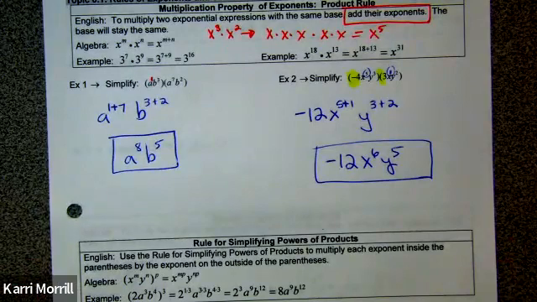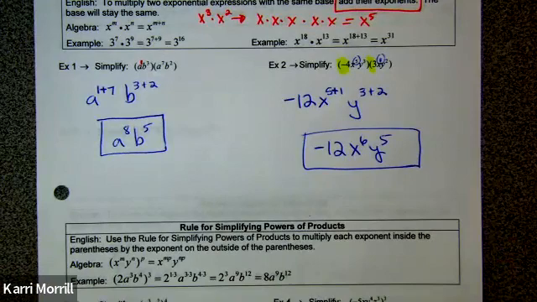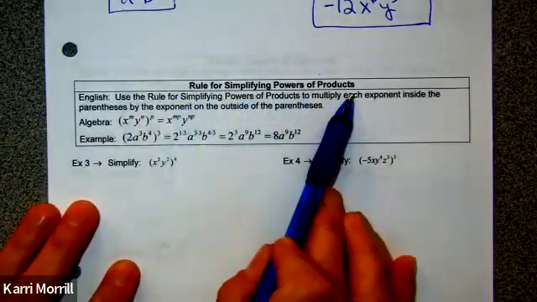Sometimes we're gonna have to do more than one operation, but we have to learn about the second operation. Remember, these rules seem really easy when they're broken down, but we need to make sure we really understand each one separately. That way, when we put it together, we know what to do. Okay. Here it says rule for simplifying powers of products.